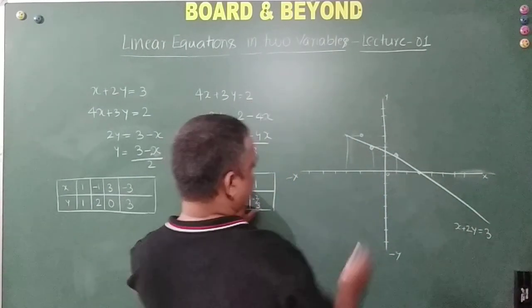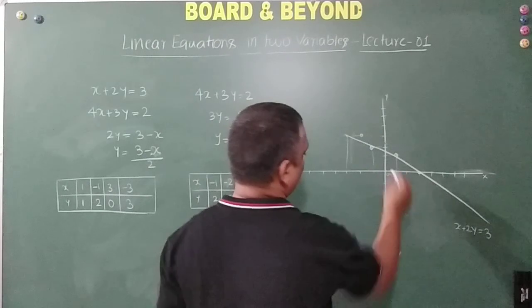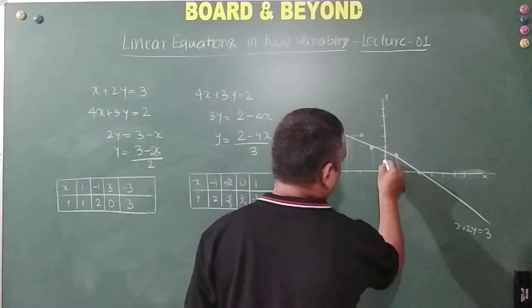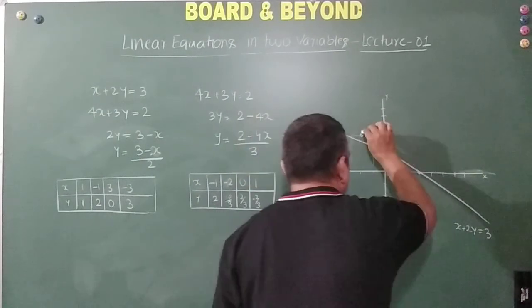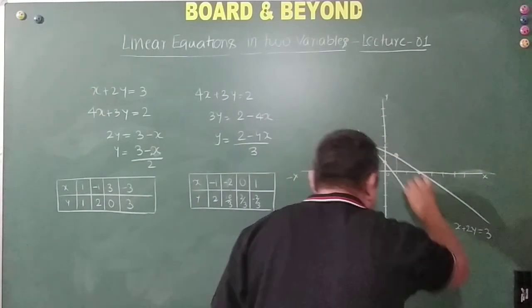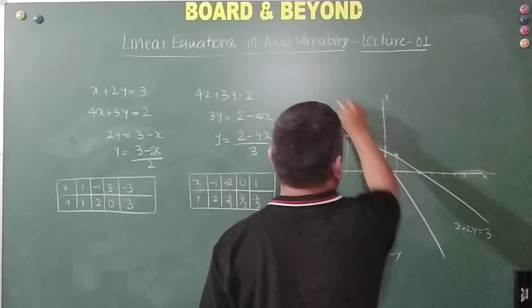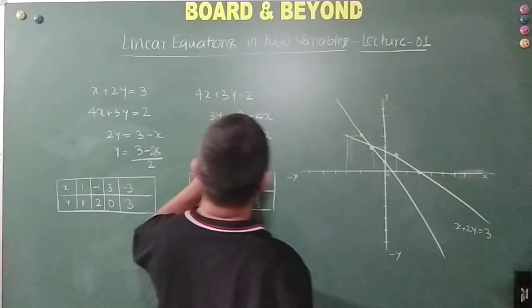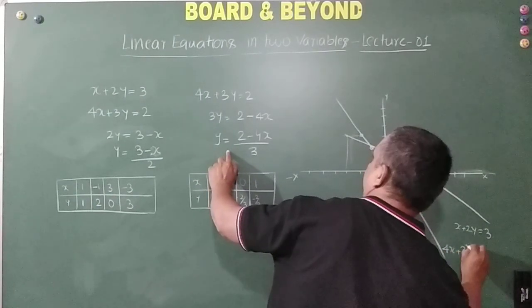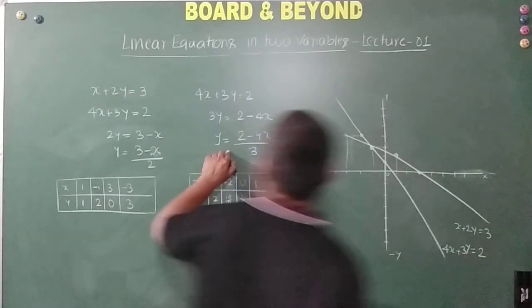Now x is equal to 0, y is equal to 2 by 3, 2 by 3 is how much? 2 by 3 is 0.6, less than 1, less than half. So here, your line will go like this. You are getting my point? And this is your representation of which equation, my friend? 4x plus 3y is equal to 2, right?